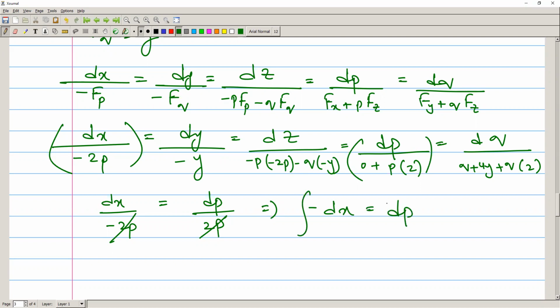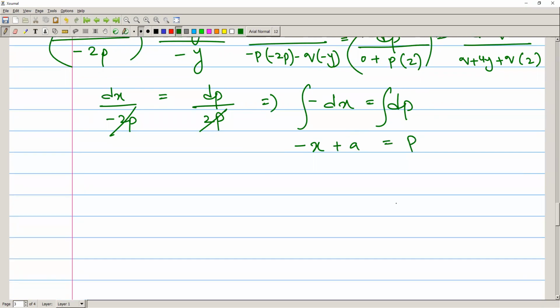So now we can easily integrate this equation. So we will get negative x plus a is equal to p, where a is the constant of integration. So we're left with p plus x is equal to a.